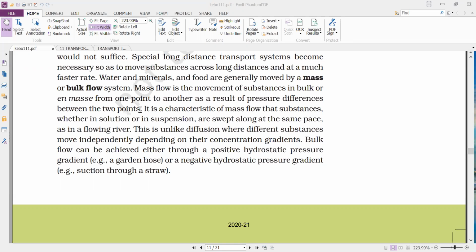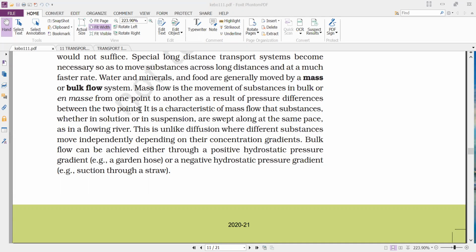It may be the water or it may be the molecules that are dissolved in the water. All they are transported in large quantity, that is in bulk, from one point to another, as a result of pressure differences between the 2 points.